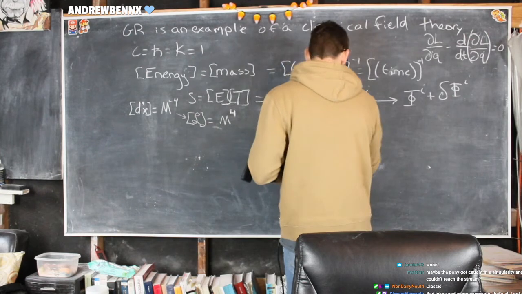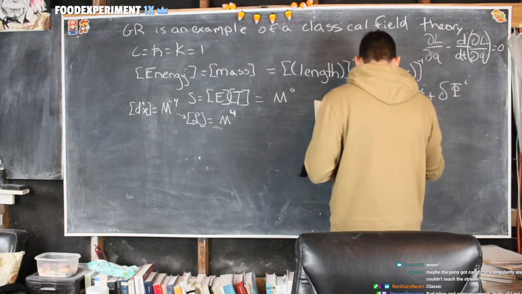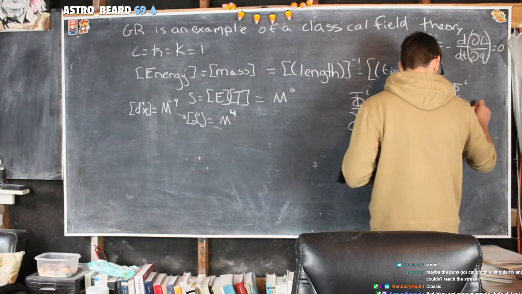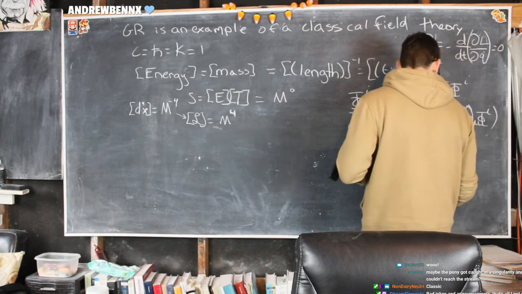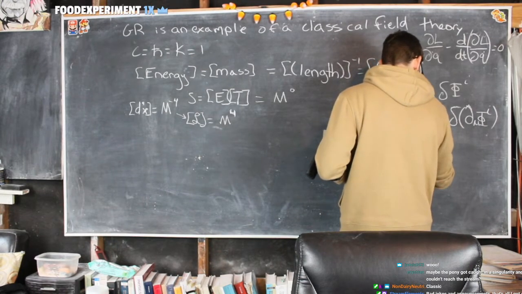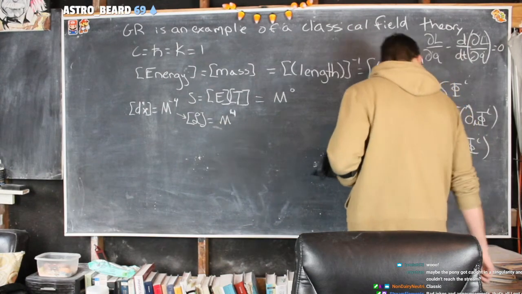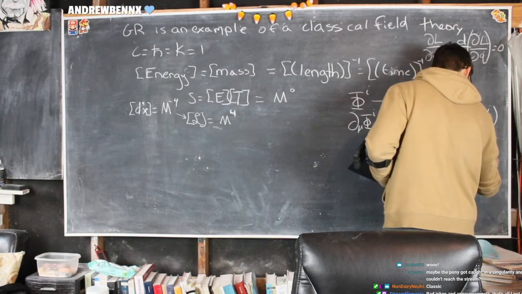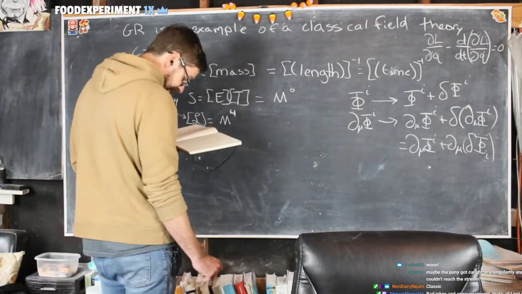And then if we were to take the derivative, we'll end up getting the derivative of the field plus the derivative of the variation of the field. Now we send that through, and now we have what it looks like when we have our new fields.